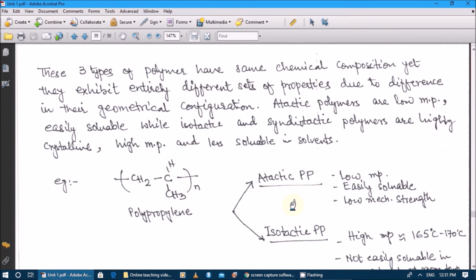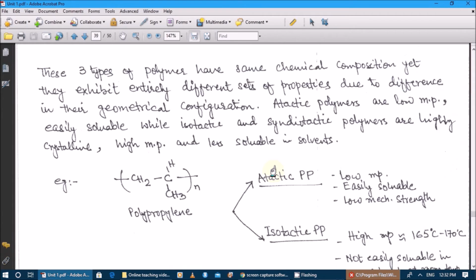Okay, so these three types of polymer have the same chemical composition. You can see there is no difference in chemical composition, yet they exhibit an entirely different set of properties due to the difference in their geometrical configuration. Atactic polymers have low melting point and are easily soluble, whereas isotactic and syndiotactic polymers are highly crystalline, have high melting point, and are less soluble in the solvent.